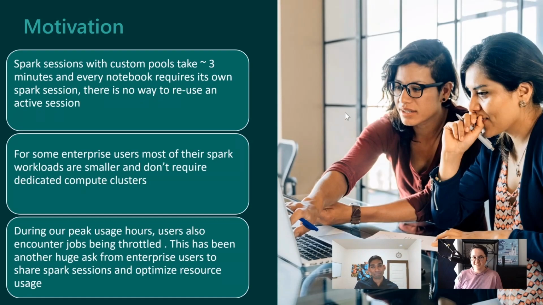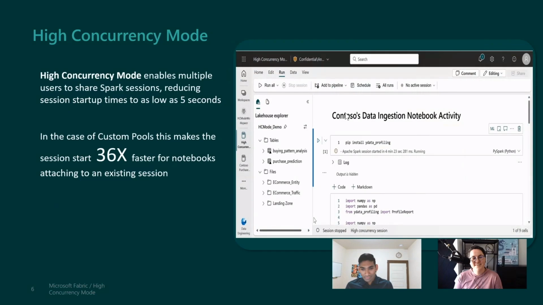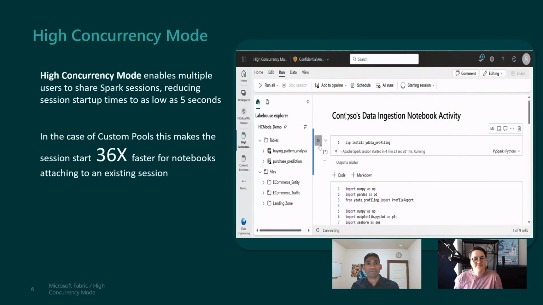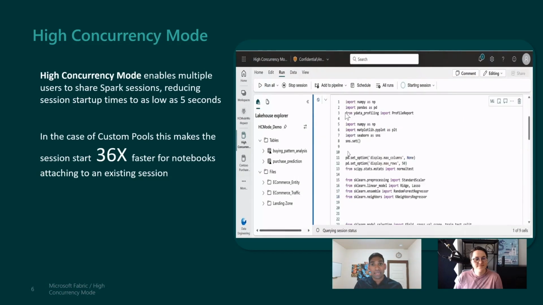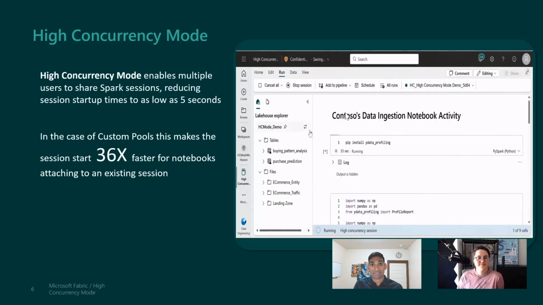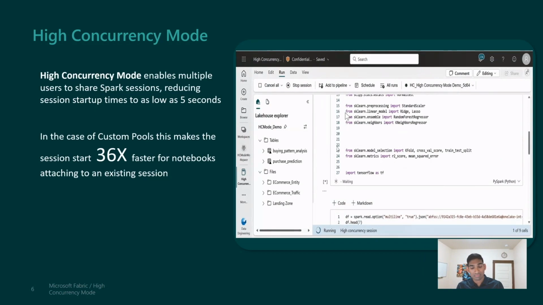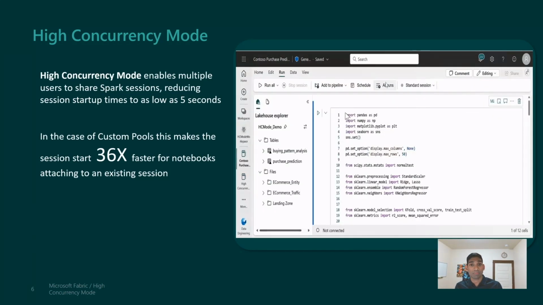Sounds promising. The natural question is, what is high concurrency mode? Awesome. High concurrency mode is an option where users can enable any Spark session with this session experience, where they are able to pack and run multiple artifacts. For the initial version, we are enabling this for notebooks.